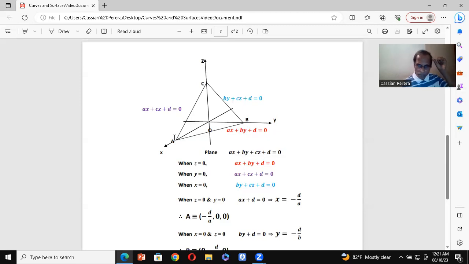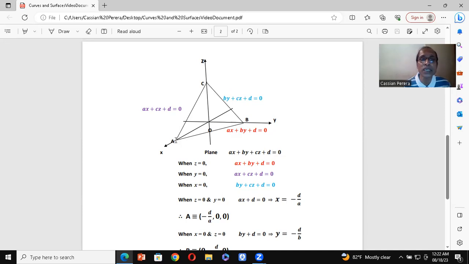Now, if you extended this line, extended means if you projected upwards, parallel to the z axis.